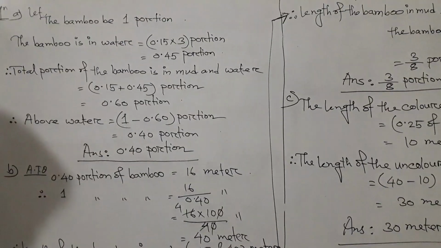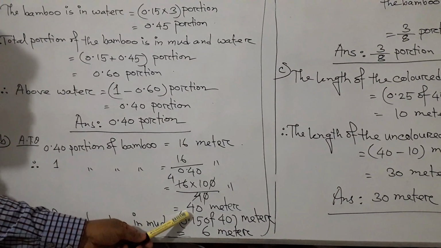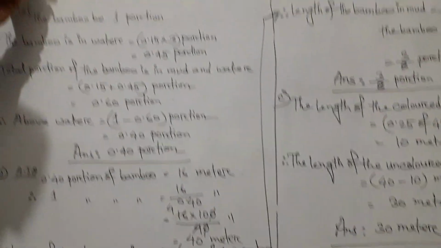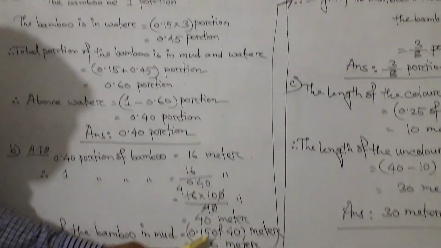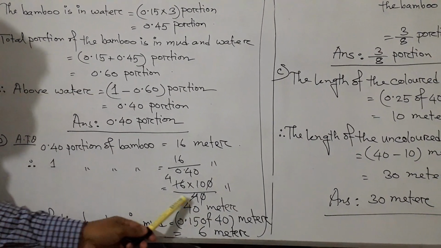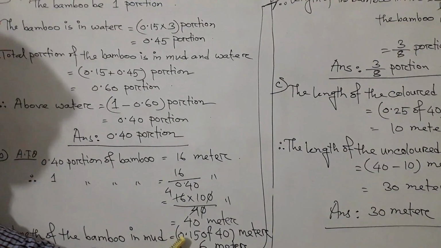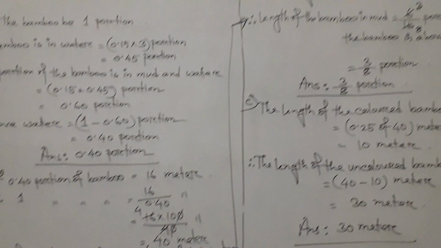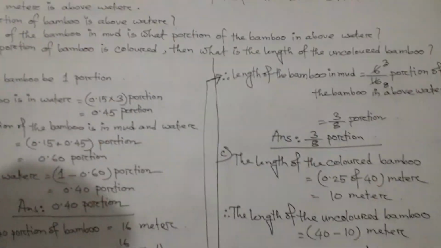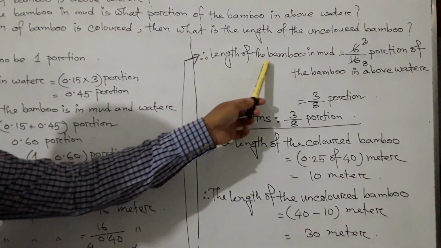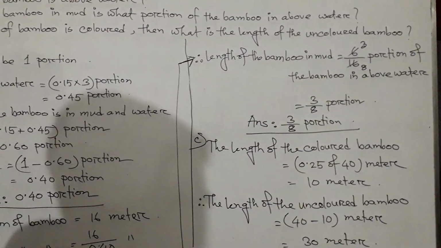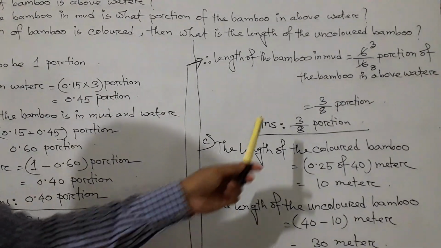So the length of the whole bamboo is 40 meters. Then we find the length of the bamboo in mud. So the portion in mud is 0.15 of 40, where 40 means the total length of the bamboo. So 0.15 of 40, the result is 6 meters. Now given that 16 meters is above water, the length of the bamboo in mud is 6 divided by 16 portion of the bamboo above water.